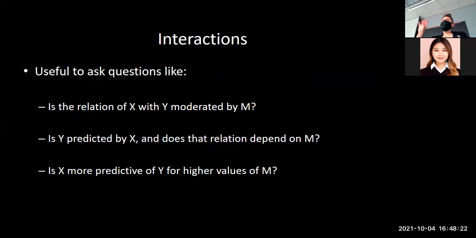All of those are interaction-sounding questions, where I'm saying that there's a relationship between two variables, but the strength of that relationship depends on something else. It's going to be stronger at some points than at other points.